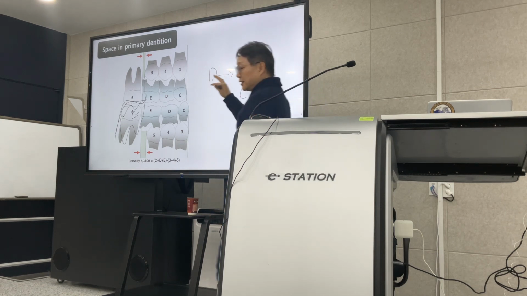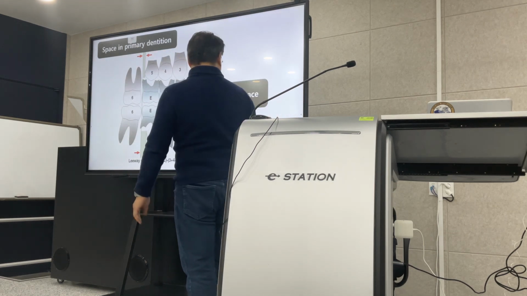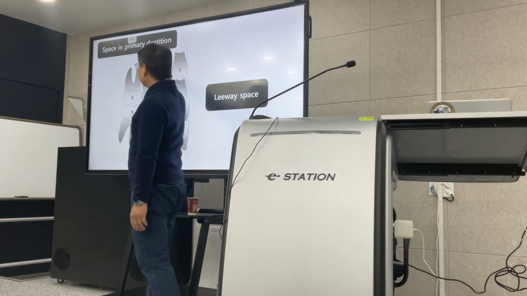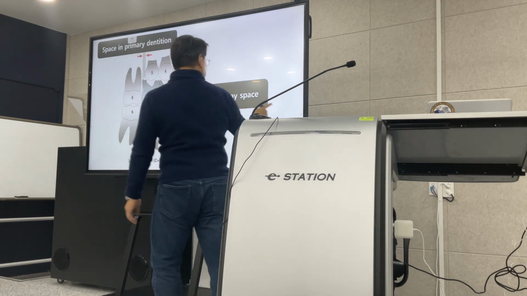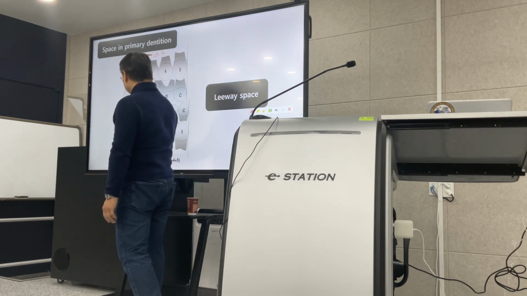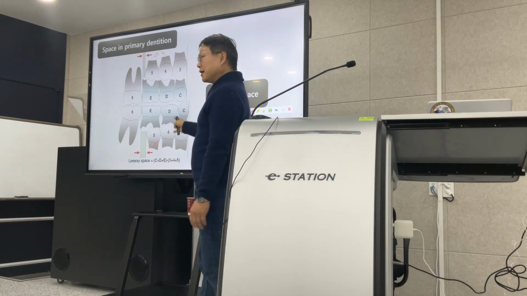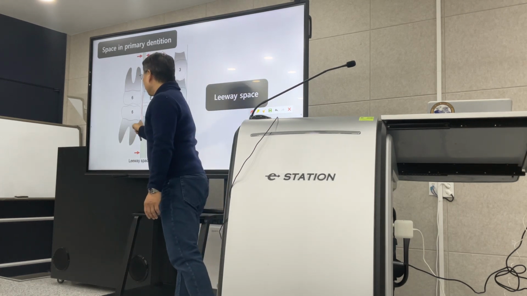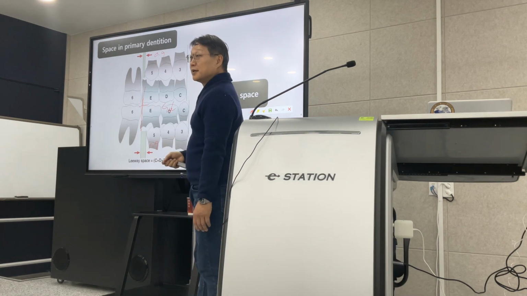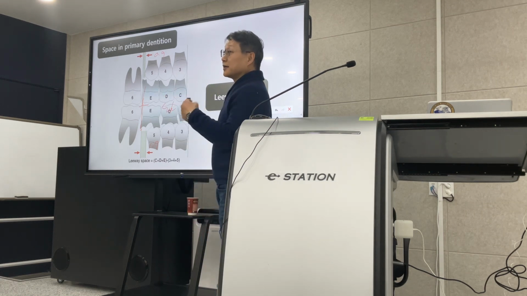This is the primary molar relationship, but normally they have some spaces here. What is that? Leeway space. You remember how much it is? 0.9 only here, 1.7 here. That means automatically they come up to a Class 1 relationship. But remember, I showed you the lingual arch, another function.